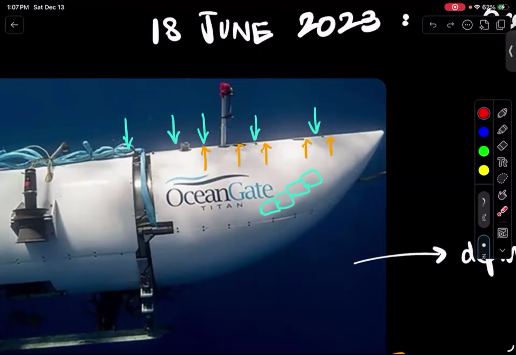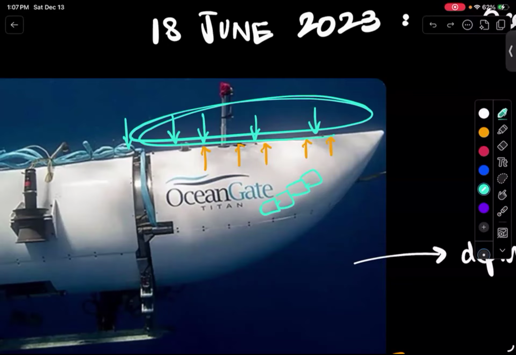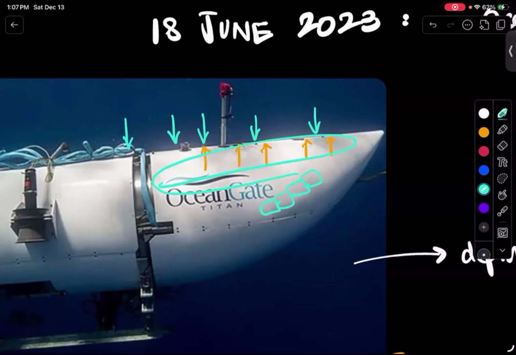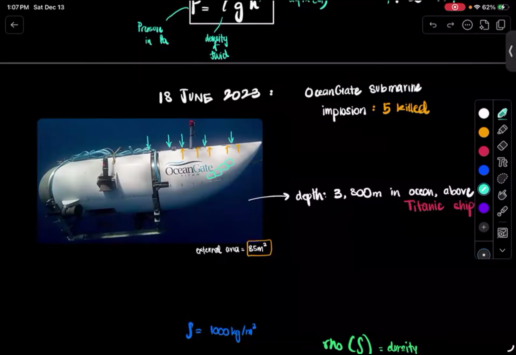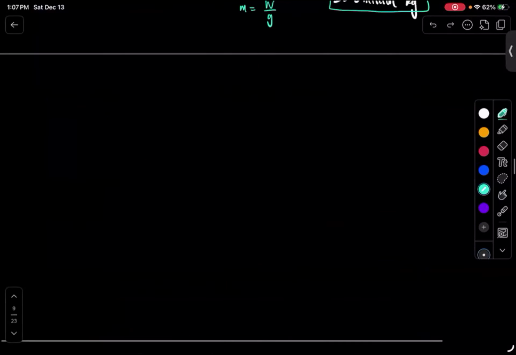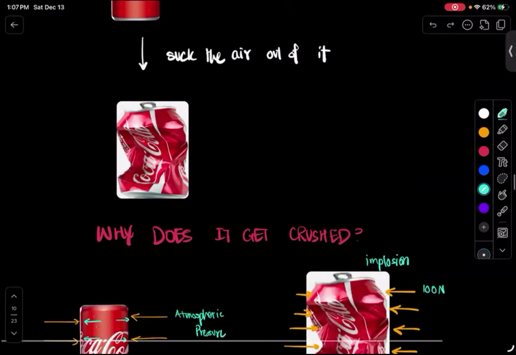That's why, if you want to dive into the ocean or take something deep into the ocean, you've got to make sure that the pressure from outside is balanced with the pressure from inside, right? Because if the pressure outside is too high and the pressure inside opposing it is not, then you're going to get imploded. Okay, so that's a really important distinction that you've got to know. It's because of the pressure difference that you die.